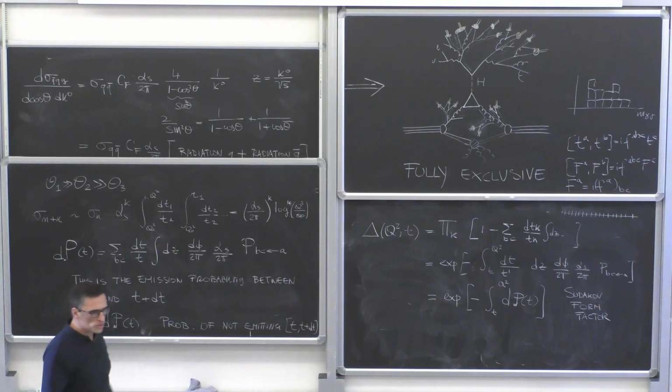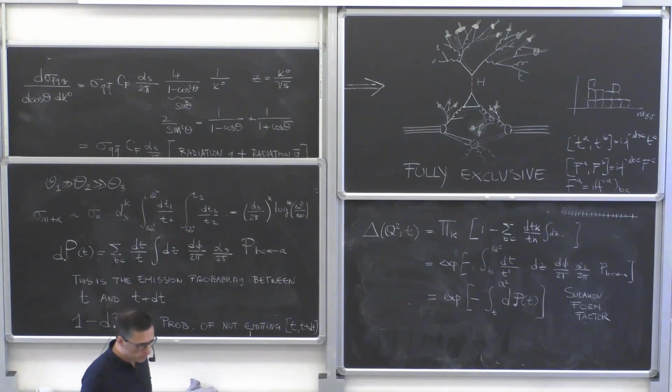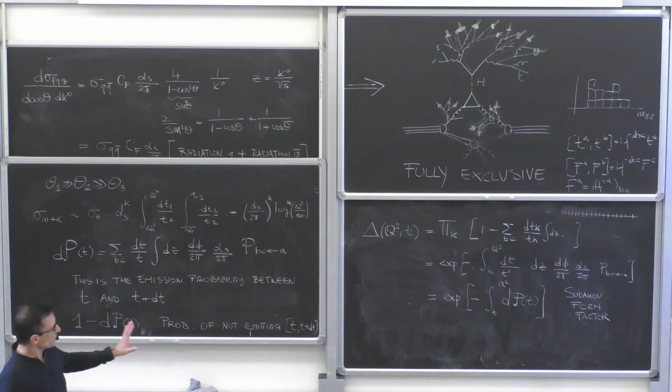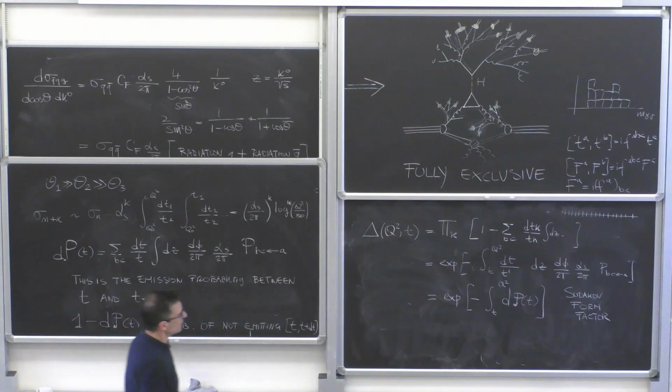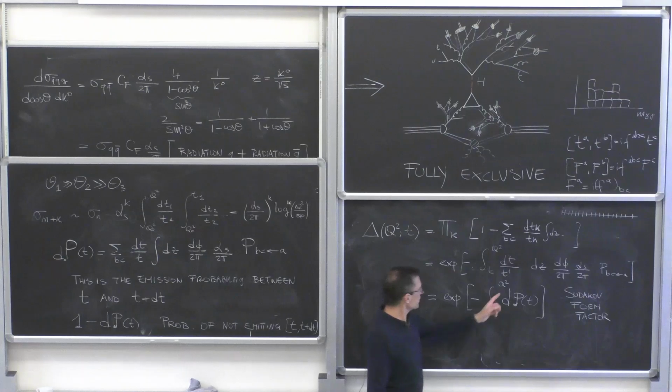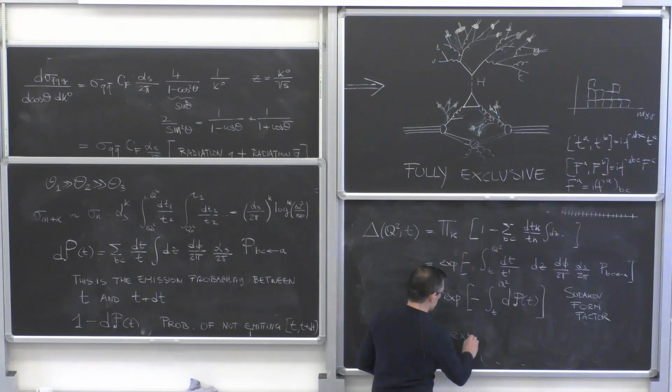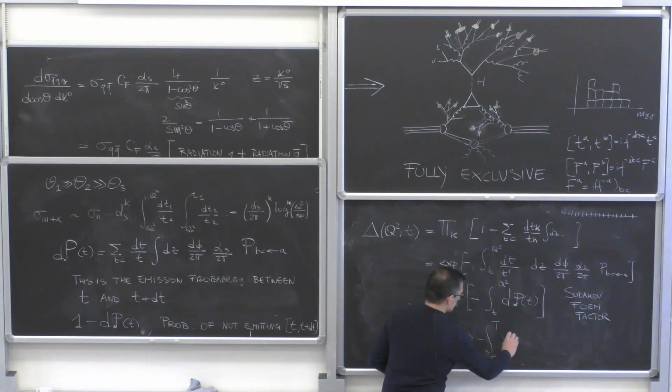This is an analogy, if you want, with the decay of a sample of radioactive nuclei. You can make a one-to-one correspondence, but in the end you need to integrate. For radioactive nuclei, you would have exp of minus the integral from 0 to t of lambda dt.